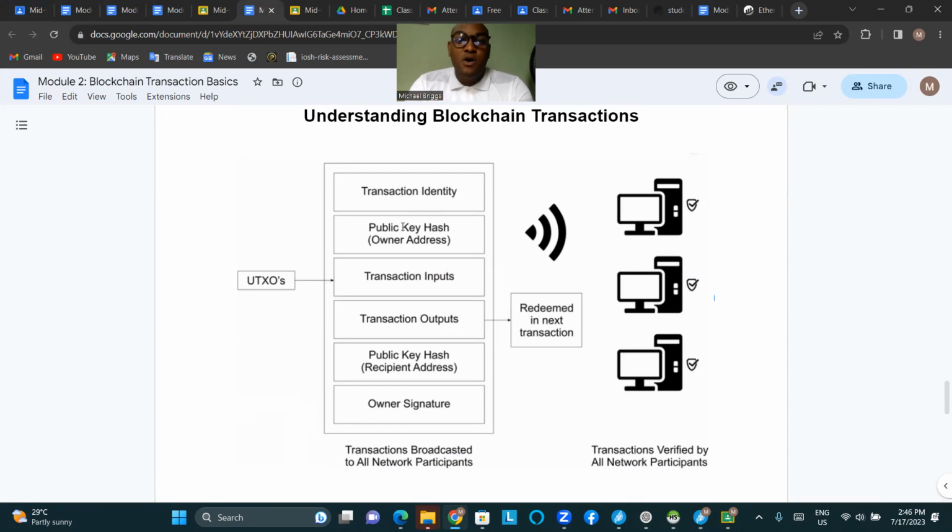And then what is also contained in that transaction you're trying to send would be the public key, okay? The public key hash of the owner's address. The person you're sending it to. Who are you sending this money to? Okay? And the address, which is yours, you who is sending the money, your own public address would also be connected to the transaction.